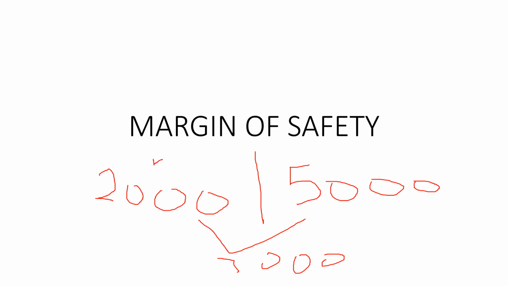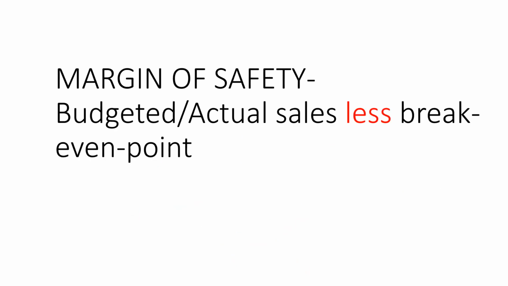Break-even point, we less it from estimated or actual production or actual sales. The difference we call it margin of safety. So margin of safety simply means budgeted or actual sales less break-even point. That is margin of safety in units.